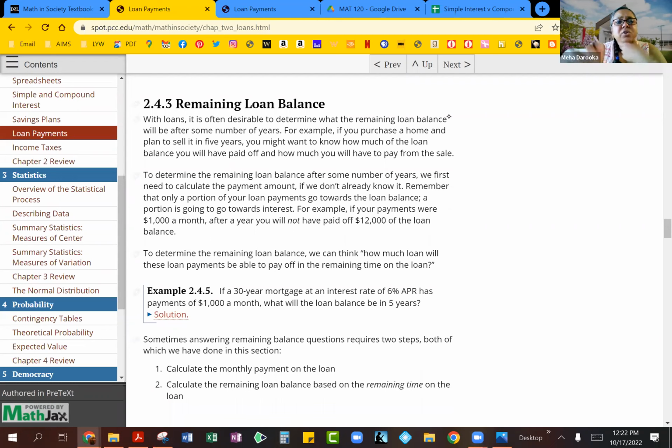So the example we just did is what this example is talking about: instead of 15 years, what if they had said it's been 20 years since they took out the loan, you still have 10 years left, what would your remaining balance be?